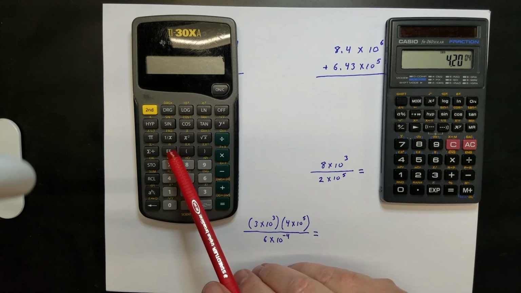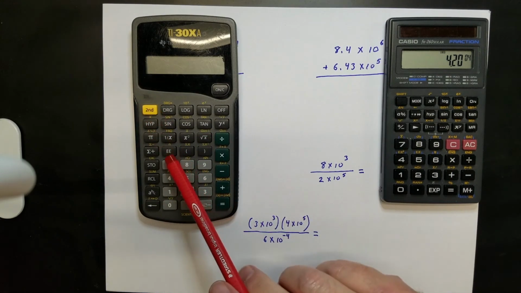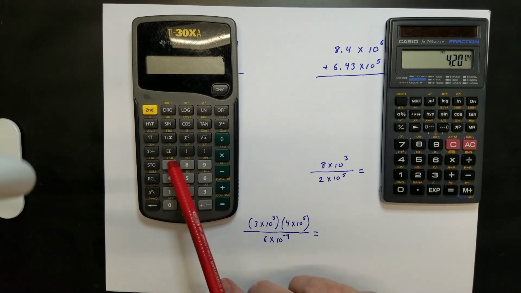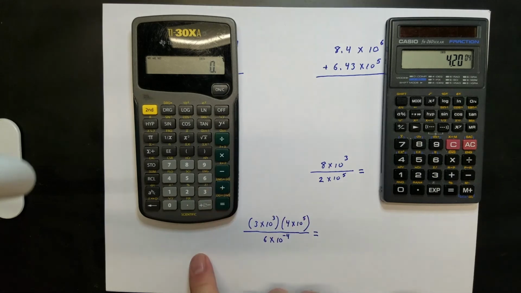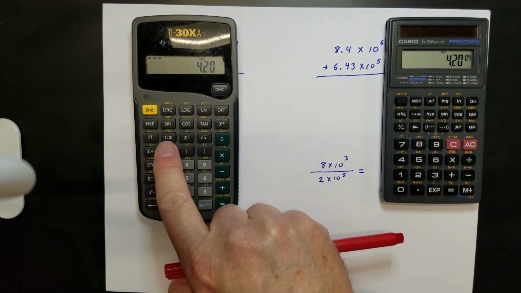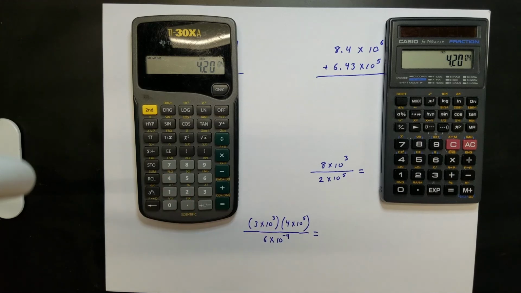Whether it's a dedicated button like this one, or you have to hit second and then another button to find the EE button, either way, that means times 10 for it. So for Texas Instruments here, we get 4.20, and then I would hit EE, and then 4. And that's 4.2 times 10 to the fourth power for the Texas Instruments calculator.